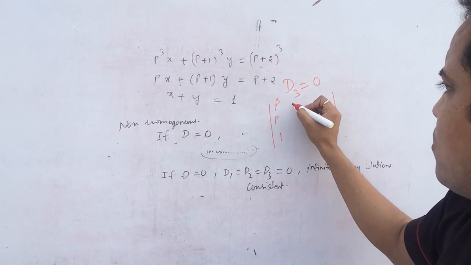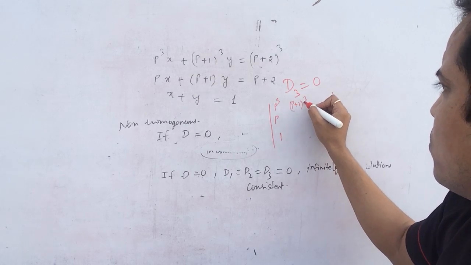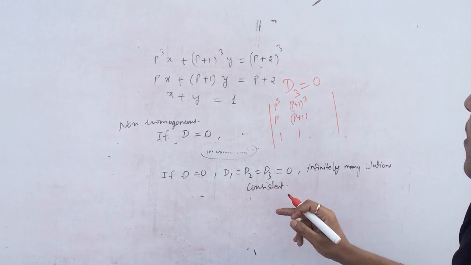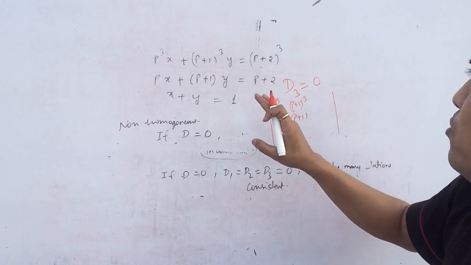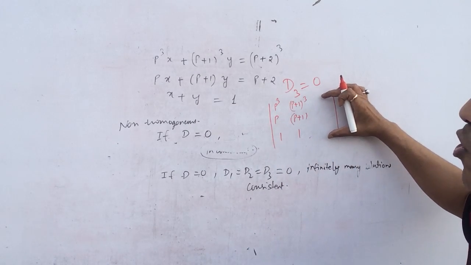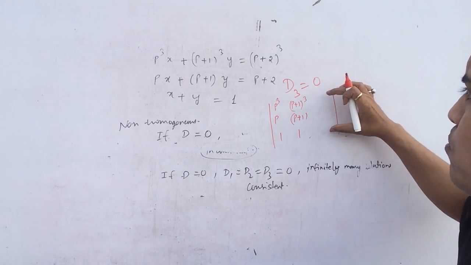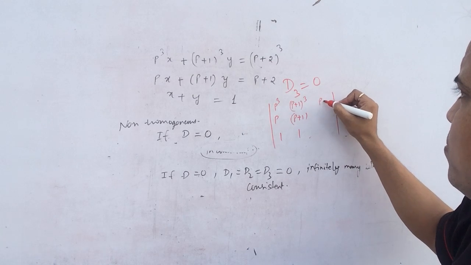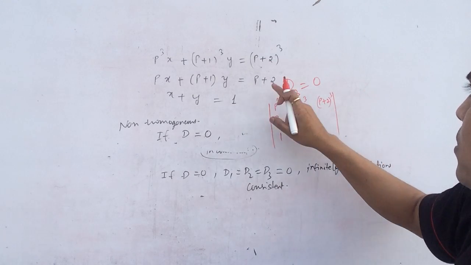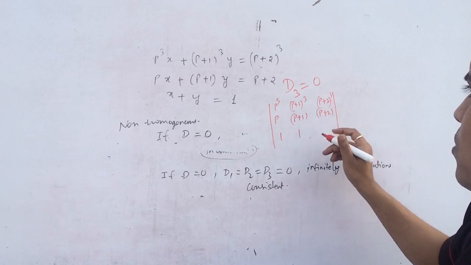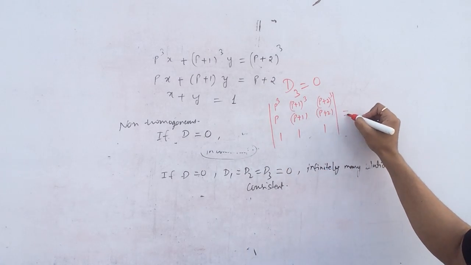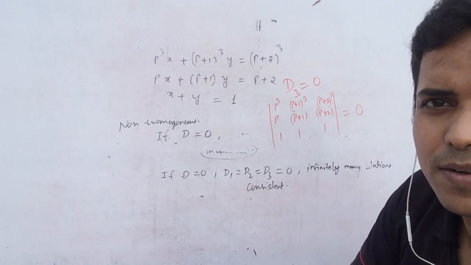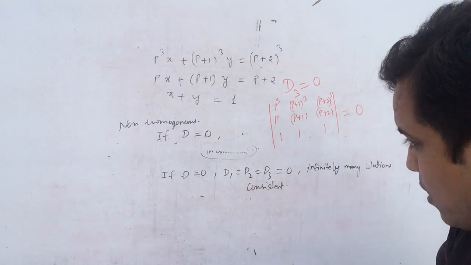The coefficient of y in the second column: (p plus 1) whole cube, p plus 1 and 1. You do not place the coefficient of z in the third column. Instead you place the constants, so you place (p plus 2) whole cube, p plus 2 and 1, and this should be equal to 0, since it is given that the whole system of linear equations is consistent, and they need the answer for p.